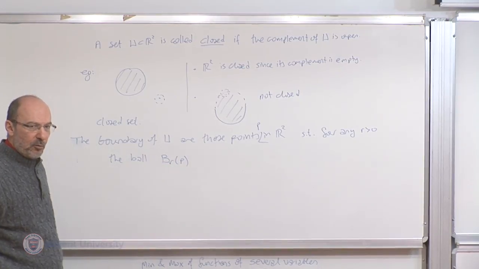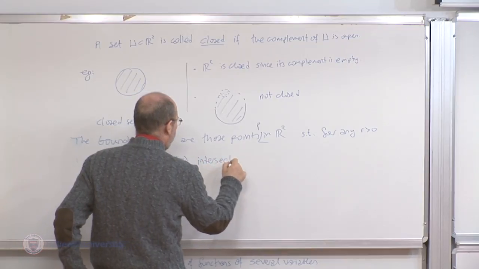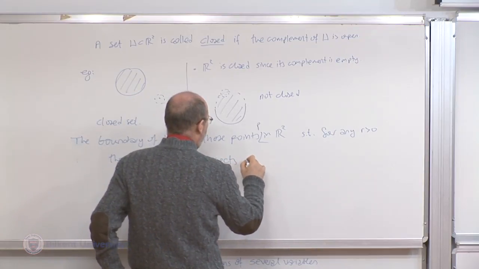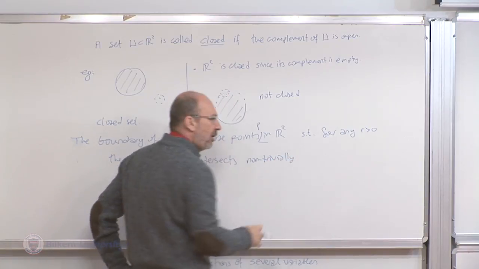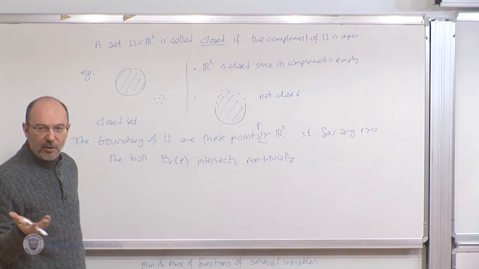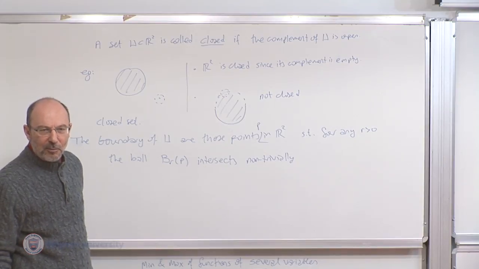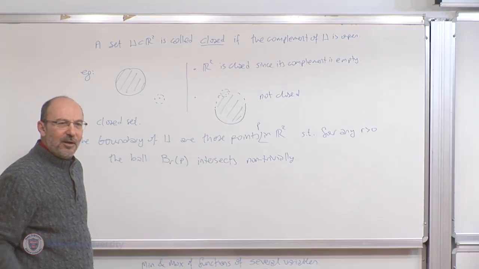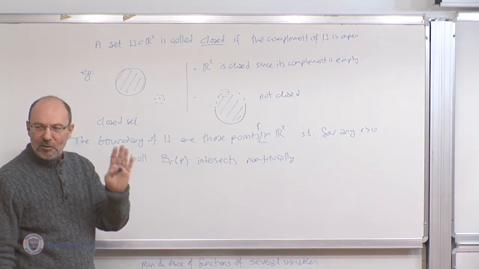For all possible small R's, the ball intersects non-trivially. Non-trivially means that the intersection is non-empty. Of course if it is empty, then you will ask why we are talking about it, but in the mathematics department we mention it. So if you want the intersection to be non-empty, we say so.